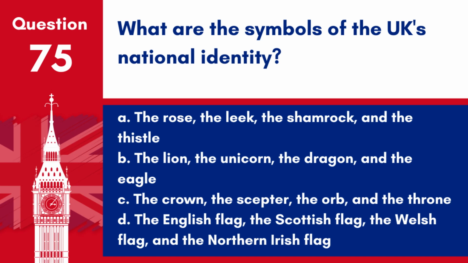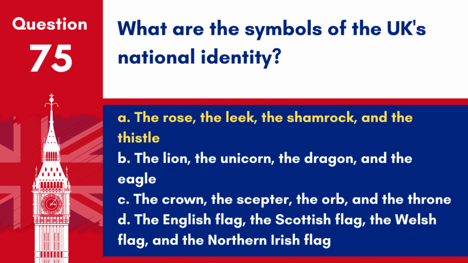B. The lion, the unicorn, the dragon, and the eagle. C. The crown, the sceptre, the orb, and the throne. D. The English flag, the Scottish flag, the Welsh flag, and the Northern Irish flag. Answer: A. The rose, the leek, the shamrock, and the thistle.